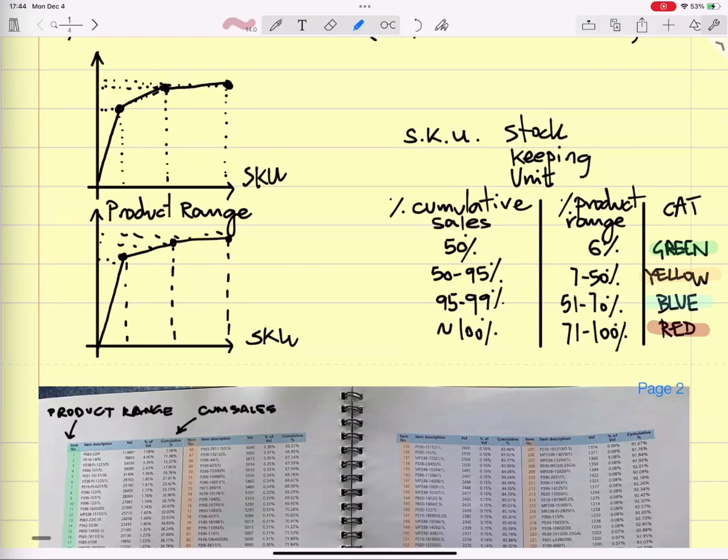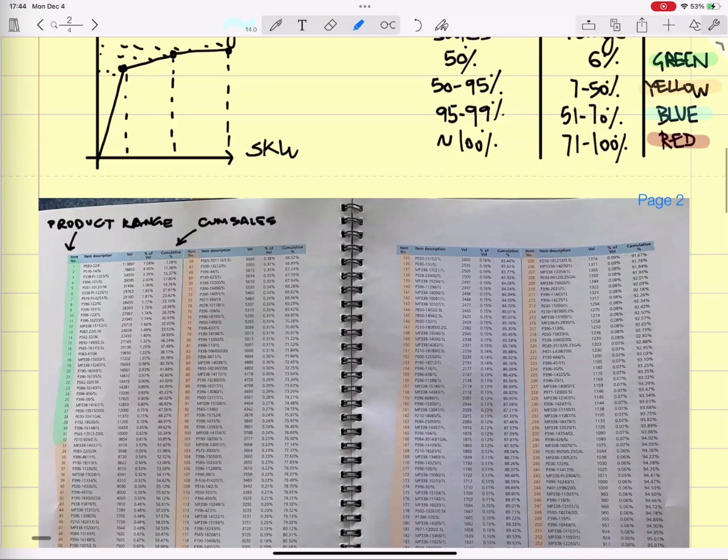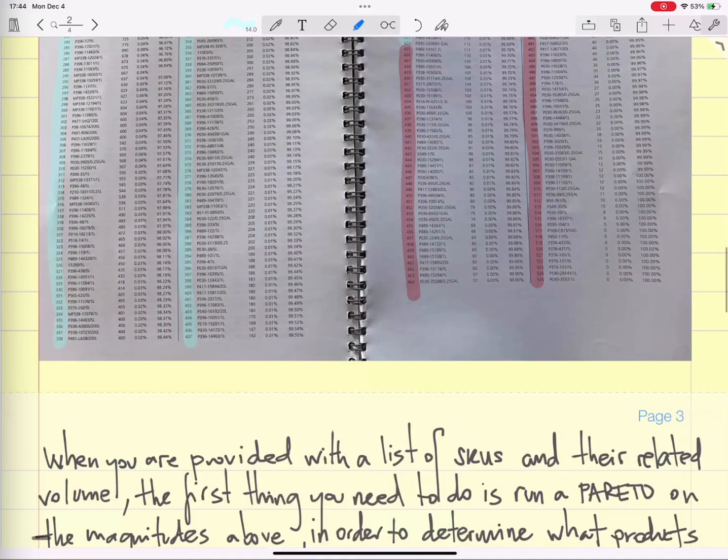The blue represents 19% of your product range, and only 4% of your volume. So they're not really super important.